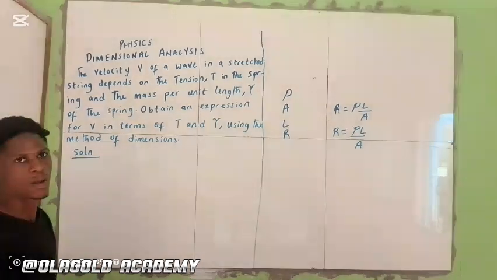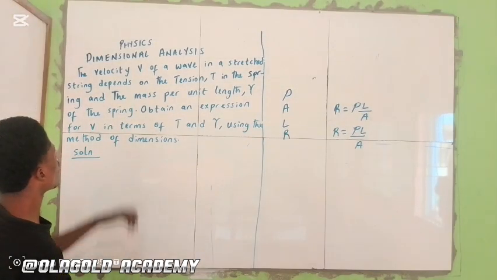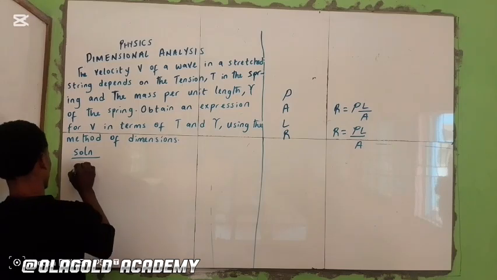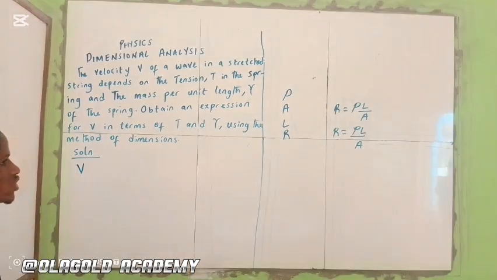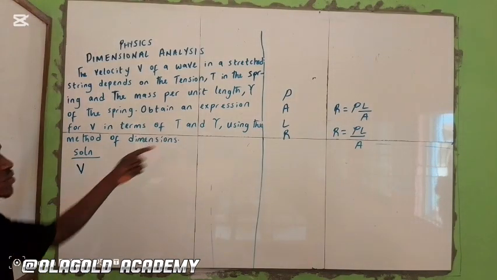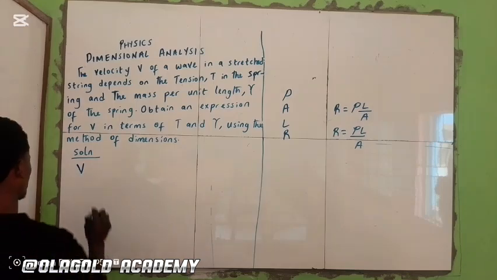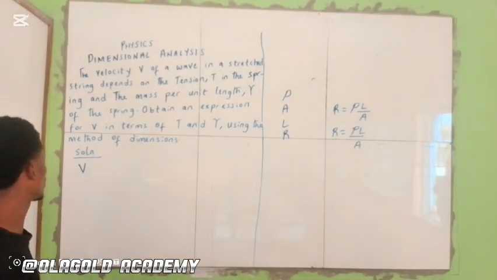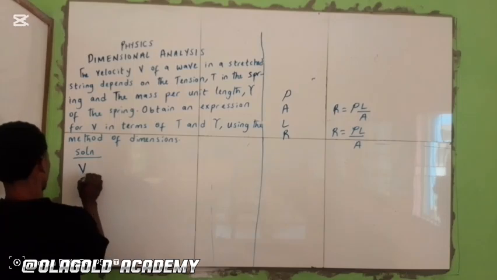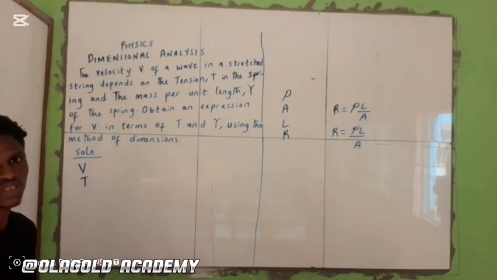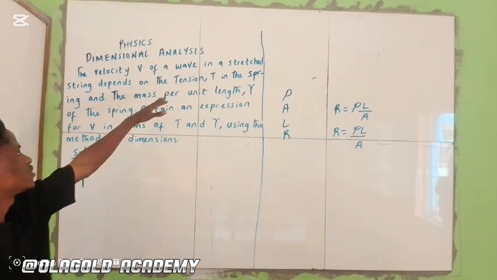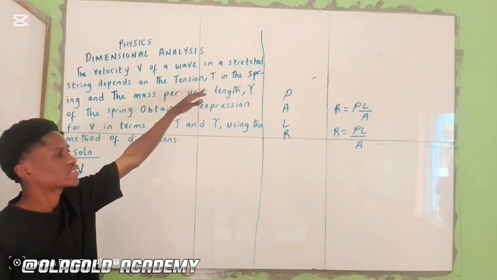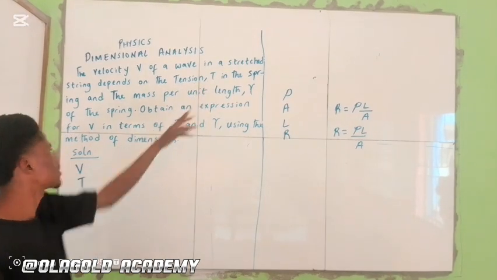Okay, with that being done, the first thing to do is to bring out the dimension of these parameters here. So on the board we are having velocity, we are having tension, which is also force. So we have T. Please, they give us tension as T. Don't write F here.